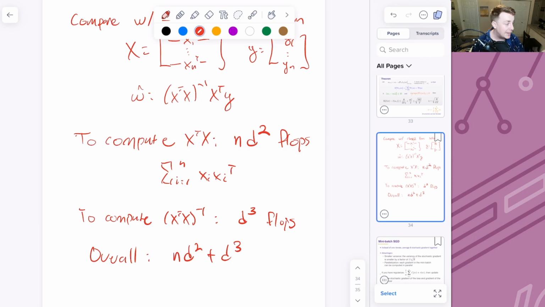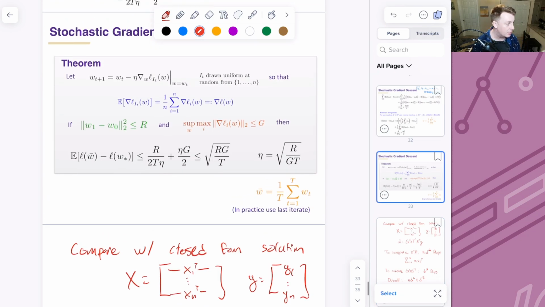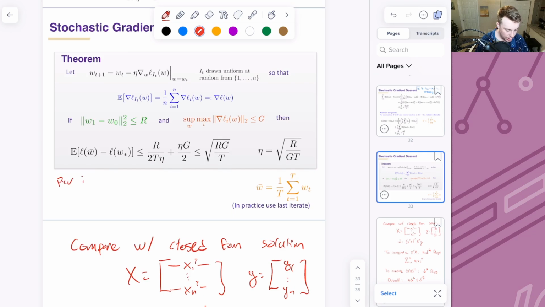So how long does it take gradient descent to work? Or in this case, let's just look at stochastic gradient descent. Per iteration, we're only doing about D flops of computation. We sample one point, and we have to compute its gradient, which requires looping over D components of our vector, and then it's adding a D-dimensional vector and a D-dimensional vector, or subtracting, I guess.